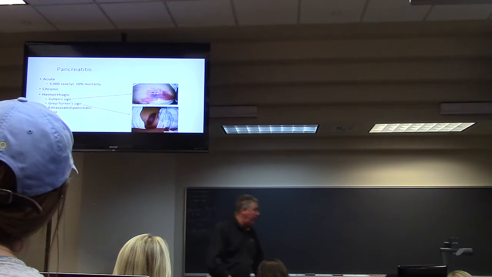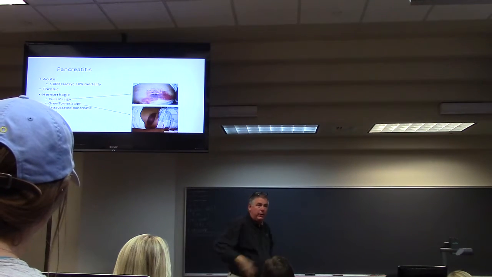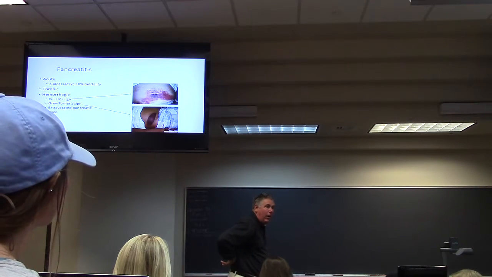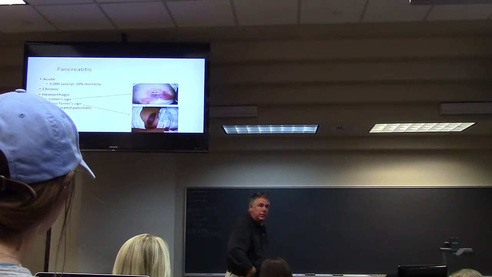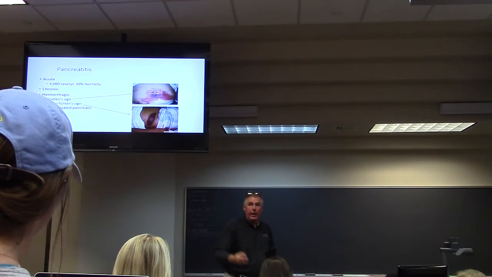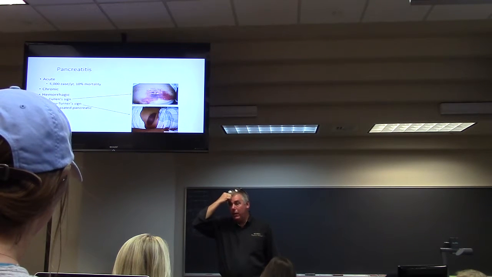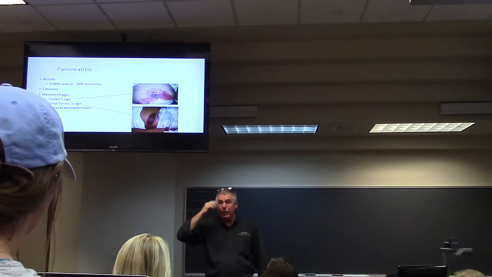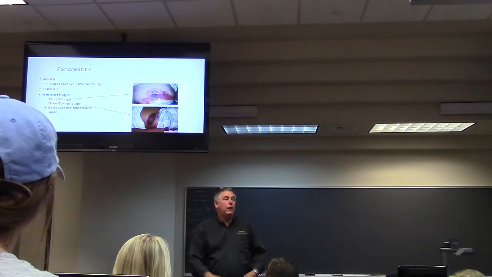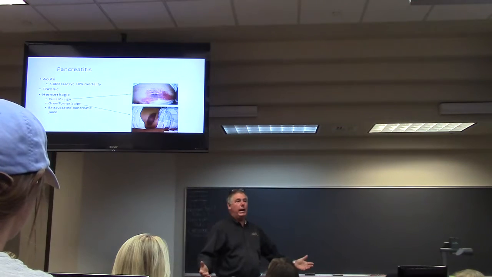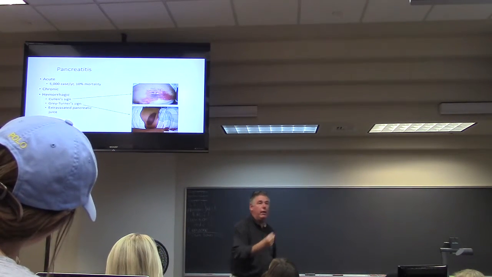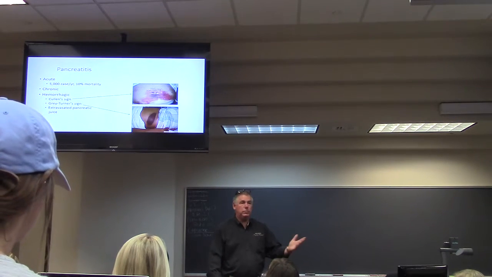Cullen's sign is when the pancreas sits up here, and this stuff extravasates out and gravity pulls it around and down in the subcutaneous tissue. Like if you get a knot on the head up here, you're going to wind up with a black eye eventually, because it's in the same plane. That's what happens with Cullen's sign. Gray Turner sign is when they're just lying down, and you get the pooling of the ecchymosis by gravity.